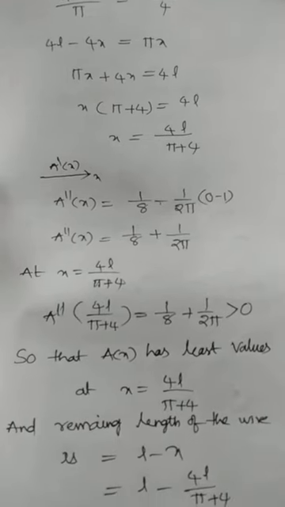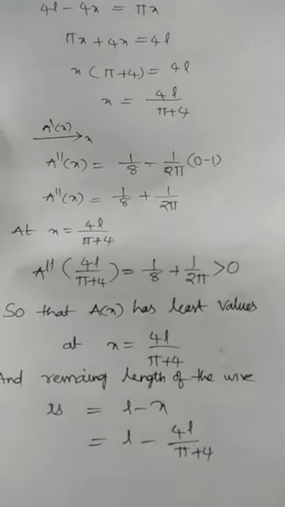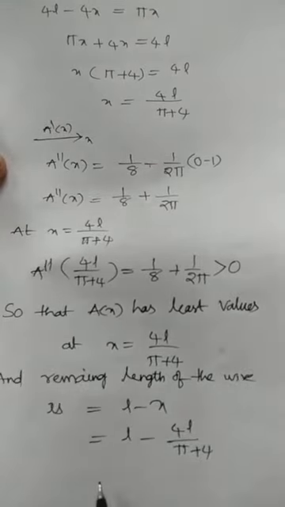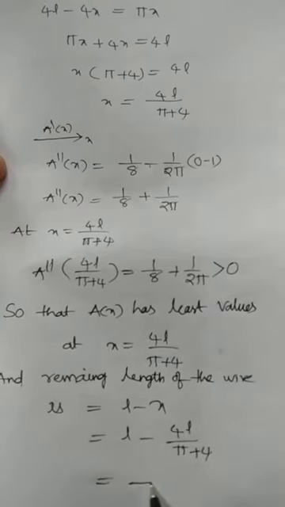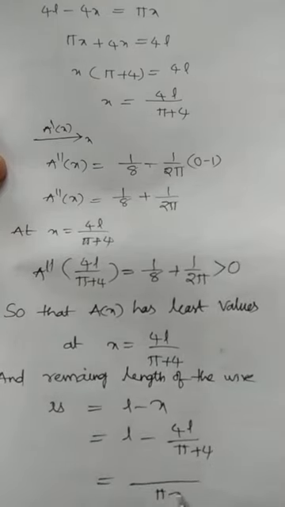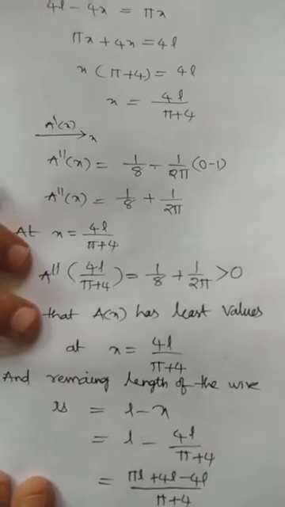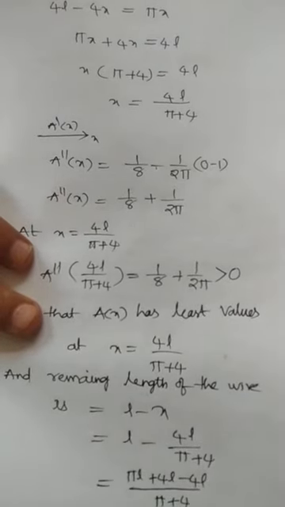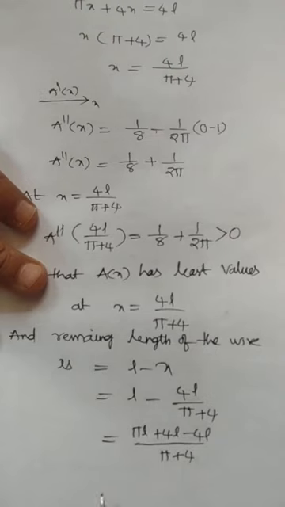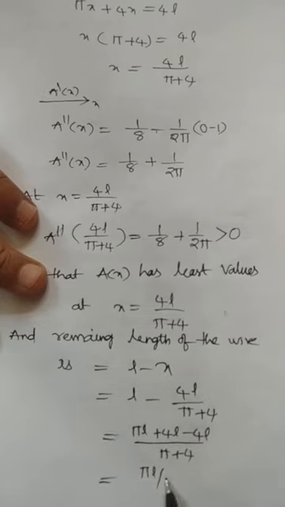By simplifying this, what could I get? Pi plus 4 is our LCM. So pi L plus 4L minus 4L I would get. So the remaining part is, 4L gets cancelled, remaining is pi L by (pi plus 4), which is our remaining part of the length.